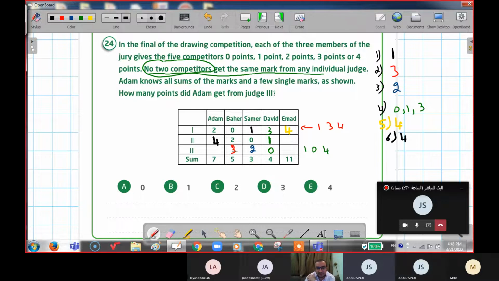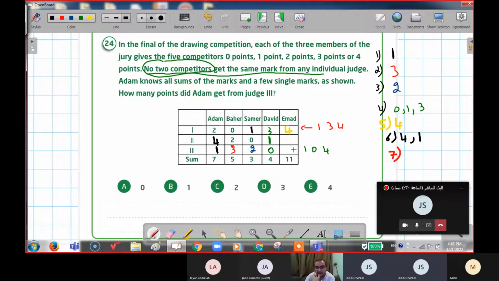Then the last one here, 2 plus 4, 6, plus 1, so 7. They ask about only Adam, but we'll continue all the table.